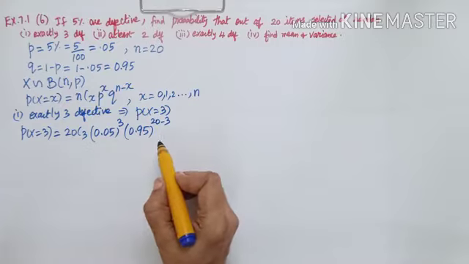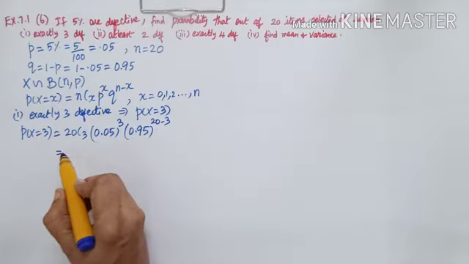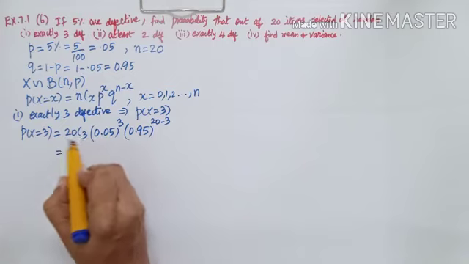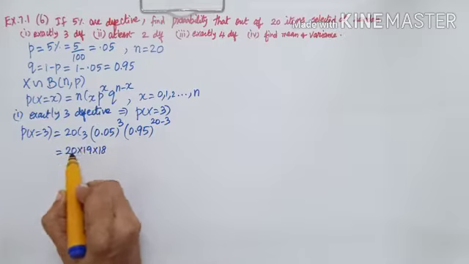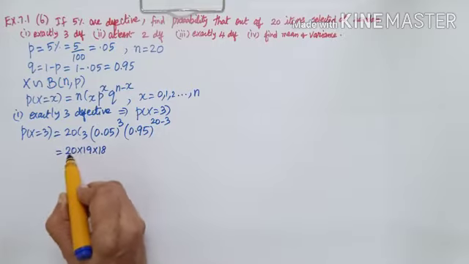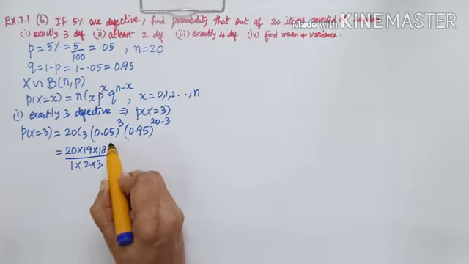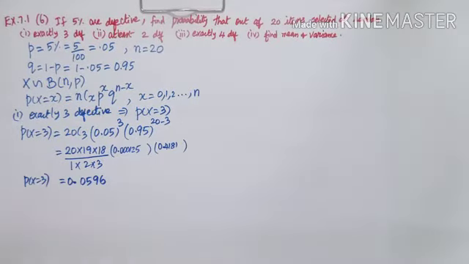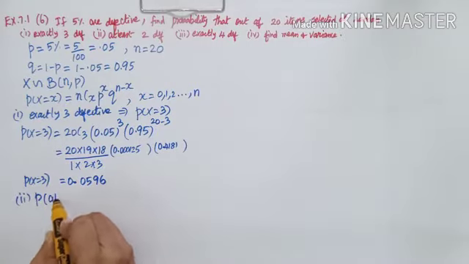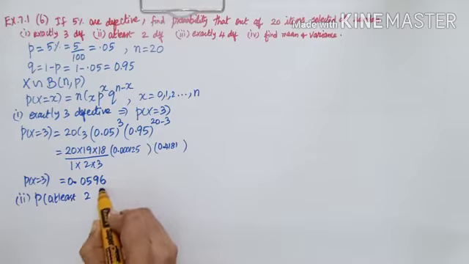Now you can use your calculator, simplify the answer, or else use logarithm. 20C3, how to write it? 20, 19, 18, 3 numbers I have to write. 20 into 19 into 18 divided by 1 into 2 into 3. Find out these things, use your calculator. As we multiply, we get 0.0596.